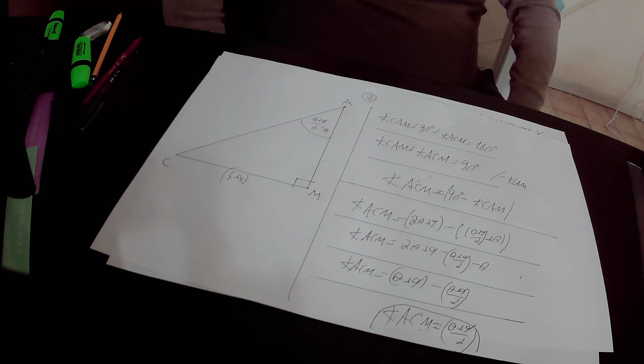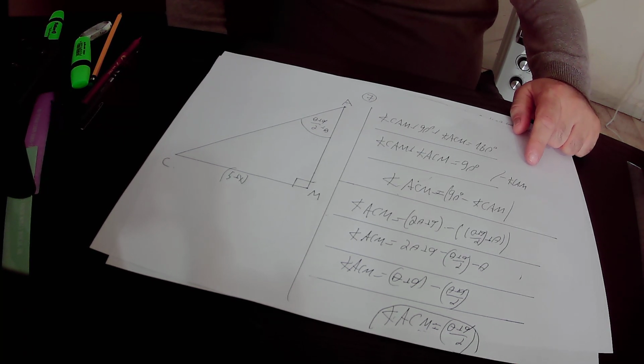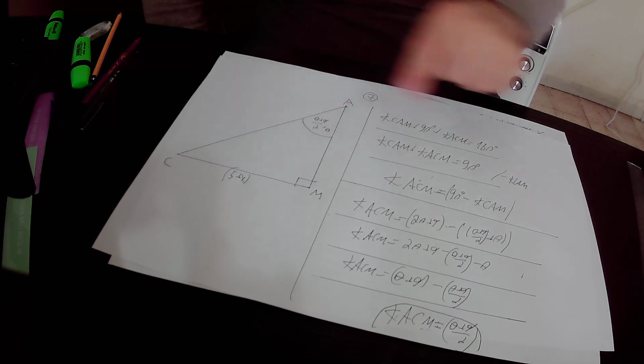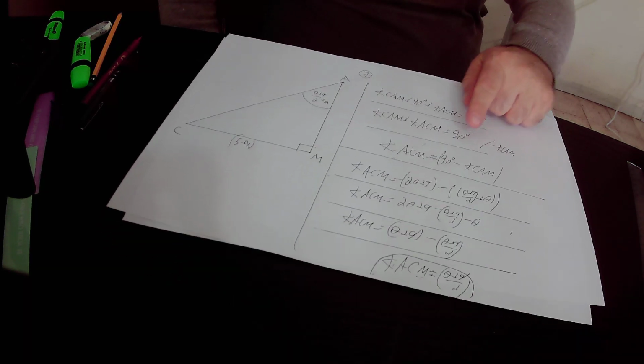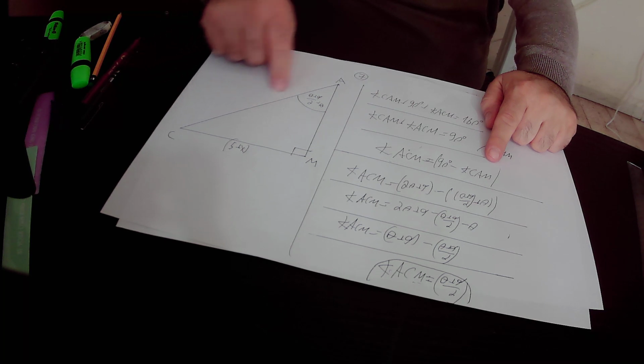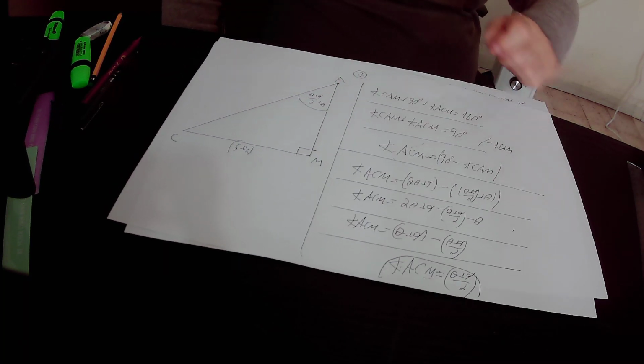We subtracted 90 degrees from this equation, and we got that angle CAM plus angle ACM equals 90 degrees, because 180 degrees minus 90 degrees is 90 degrees. We subtracted angle CAM from this equation, and we got that angle ACM, the angle that we are looking for, equals 90 degrees minus angle CAM. And we have already found out that angle CAM equals (theta plus alpha) over 2 plus theta.